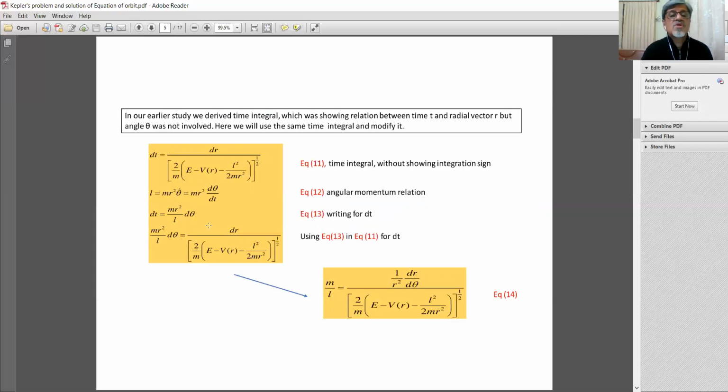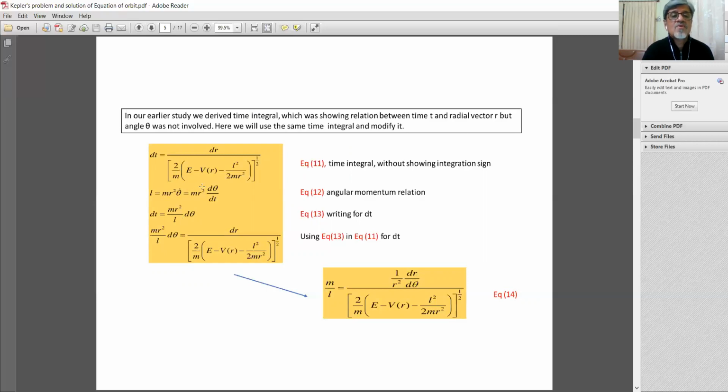So here we show the time integral as equation number 11, but without the integration sign. On the left hand side is t and on the right hand side is r, but it is not represented with the integration sign because we want to modify it. Here we'll use the same time integral and try to modify it.